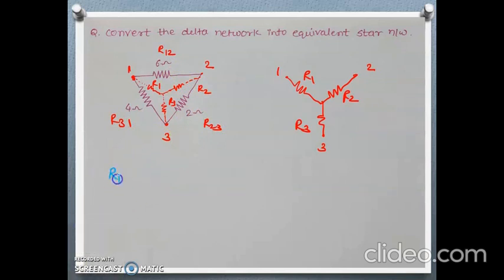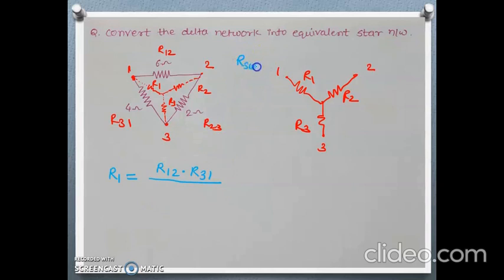The required R1 is connected to this point, so one suffix is common to R12 and R31. So the product will be R12 into R31 divided by the sum of all. First we will calculate the sum of all.